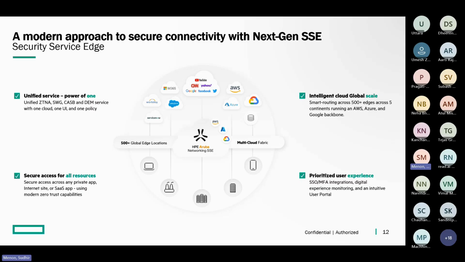But like I mentioned, POP becomes less relevant in our case, because a user sitting in a remote area, let's say Jammu Kashmir, or maybe Bhuj or some place like that, gets connected to the local edge. 33 plus edge locations means almost every state has an edge location. And from the edge, we use the global WAN accelerator service to enhance the SSE performance towards the POP.